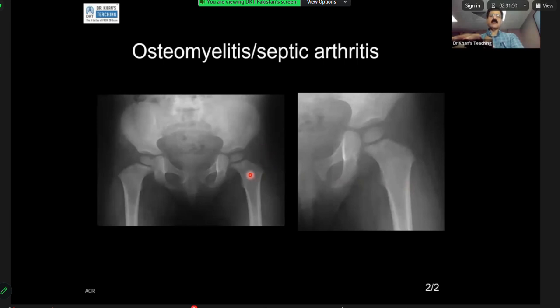In a child, metaphysis is where the infection occurs. And in an infant, it's slightly different. In an adult, adult and infant are similar. Always look at the metaphysis for infection. And so here we can see a lucency with subtle surrounding sclerosis.